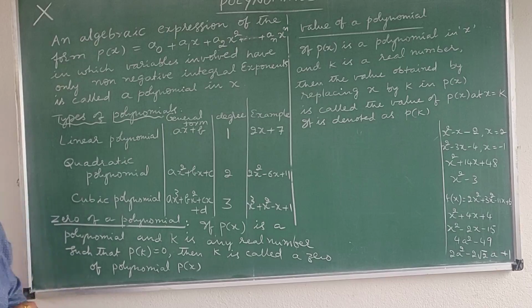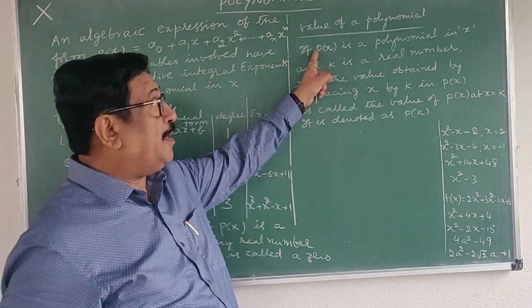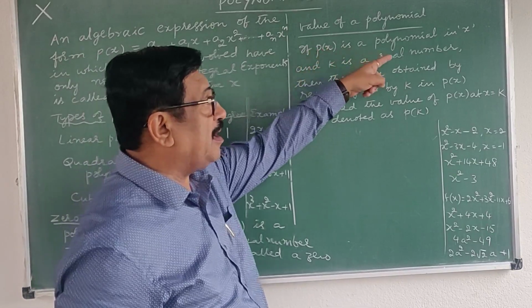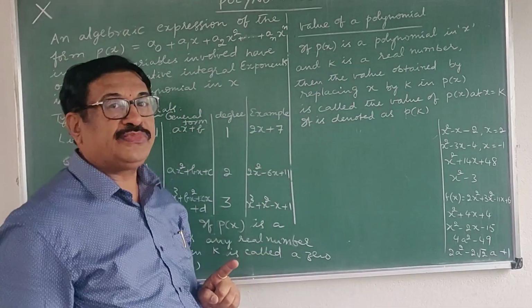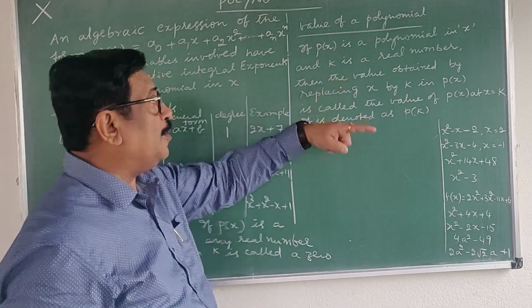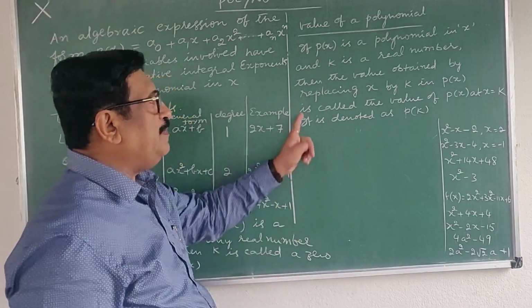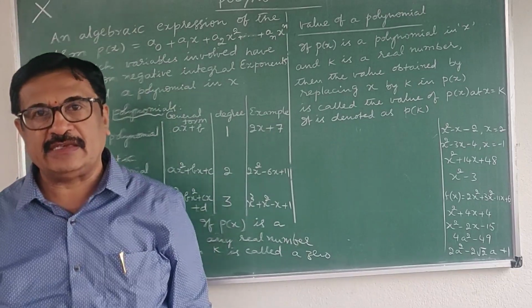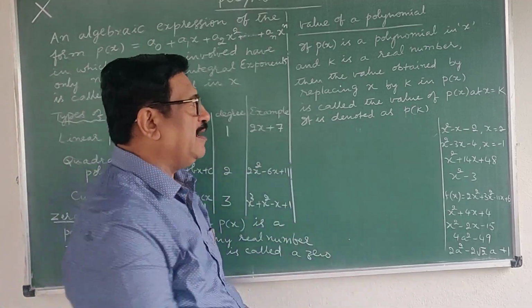If p of x is a polynomial in x and k is a real number, then the value obtained by replacing x by k in p of x is called the value of p of x at x equal to k. It is denoted as p of k.